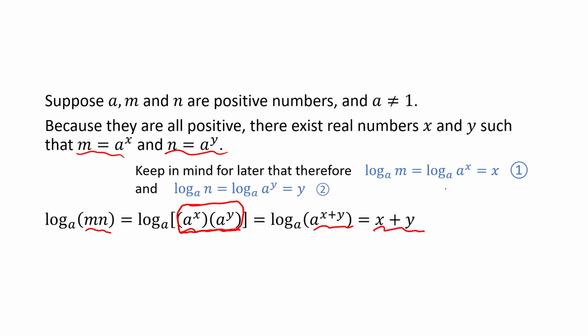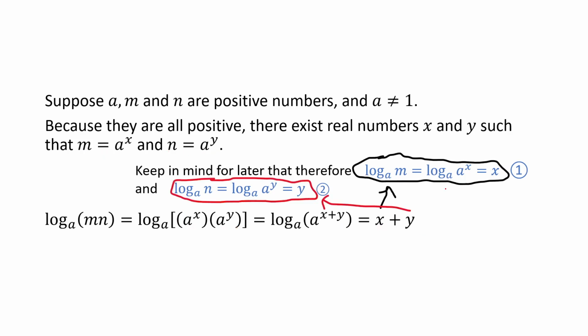Okay? But now go back to equation 1 and 2. X is the same as log base a of m. And y is the same as log base a of n. So instead of saying equals x plus y, we can say it equals log base a of m plus log base a of n. And so we've actually got the rule.